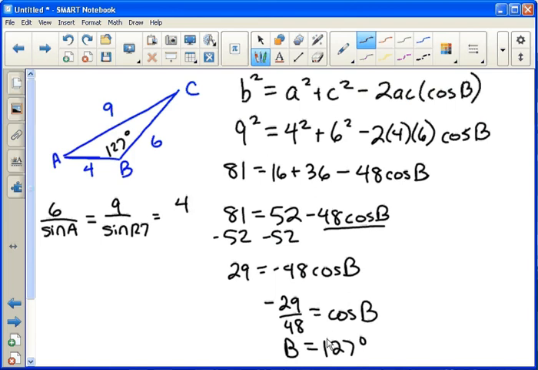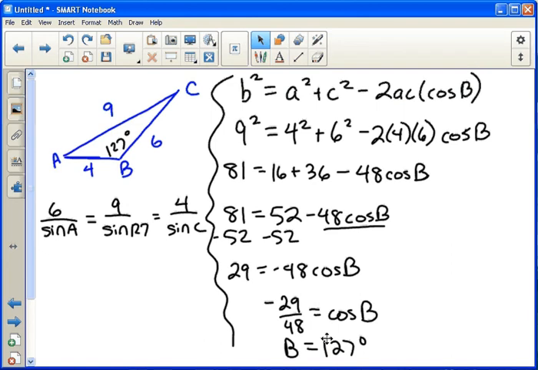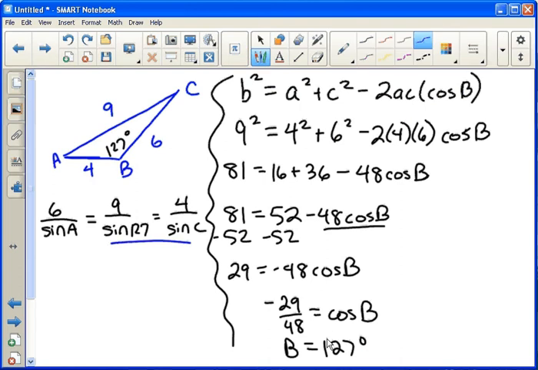So you can solve here for either angle A or angle C. It doesn't matter. I'll solve for angle C just because that's what I want to do. We'll do 9 times sine of C equals 4 times sine of 127, and then divide both sides by 9.